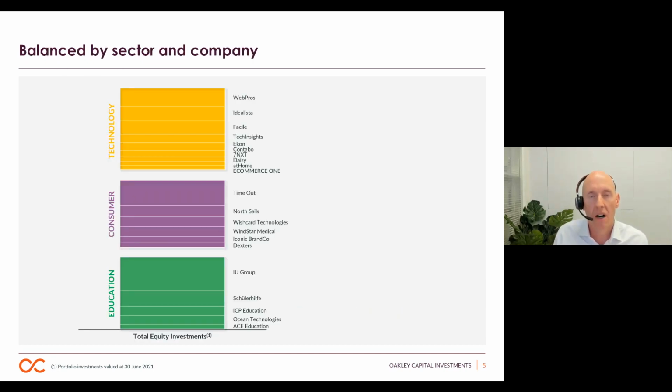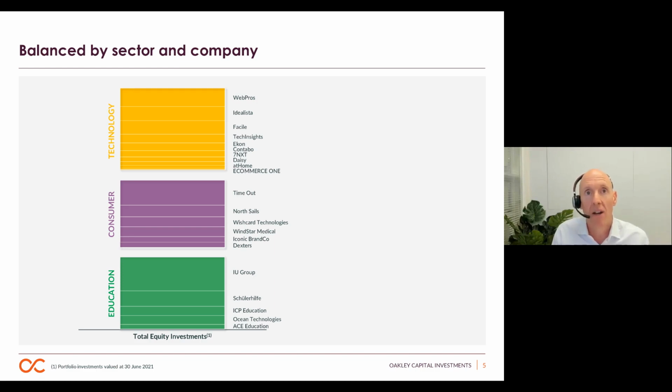So here we've just given you some sense of the 21 companies now that OCI gives you look-through to that sit across the Oakley funds. And the graph here just shows our balanced exposure to the three sectors of technology, consumer, and education.